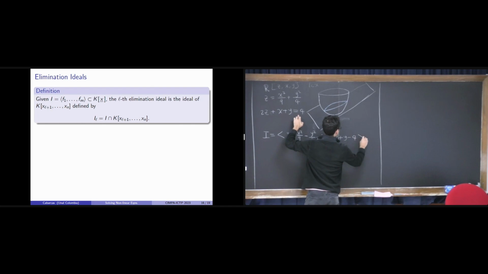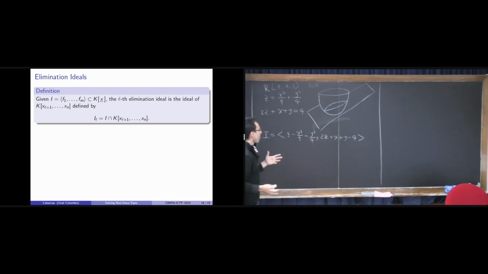And we're looking for the variety of this ideal, which is the set of all points x, y, z that satisfy both equations simultaneously.